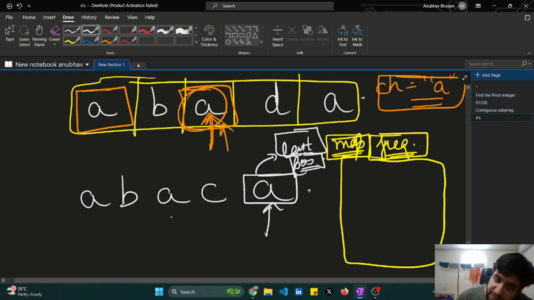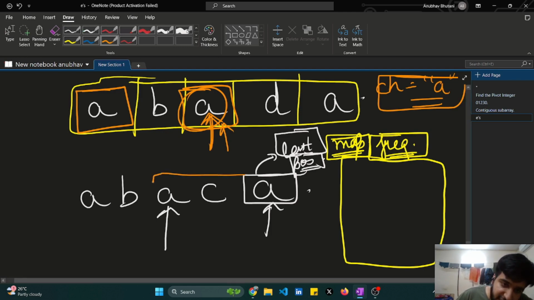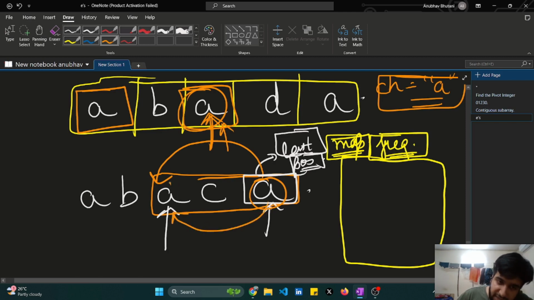If I get any A, that means the string starts and ends with A. Like you can see, this ends at A. So if I find any index that starts with A, that means if A has occurred before, it is the starting index, so my count would increase.